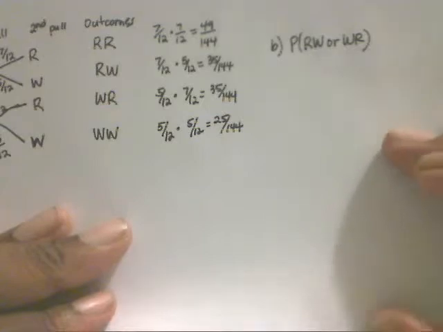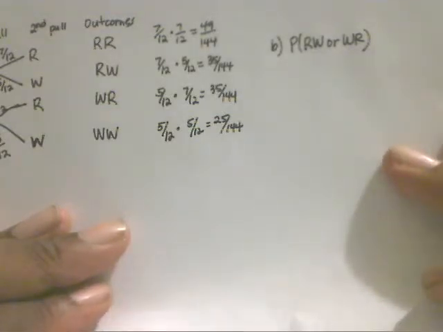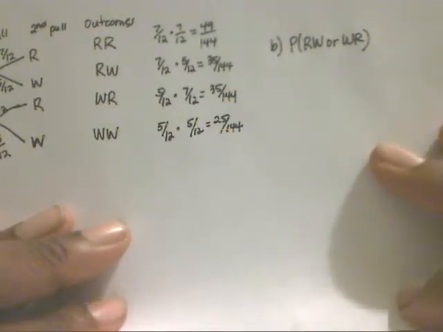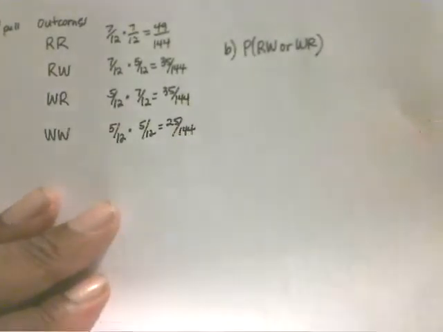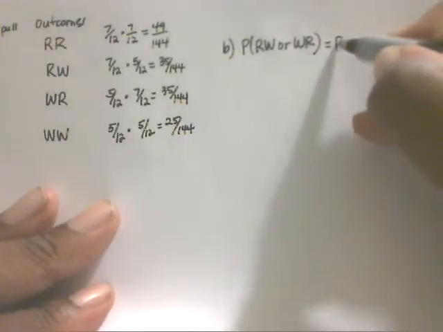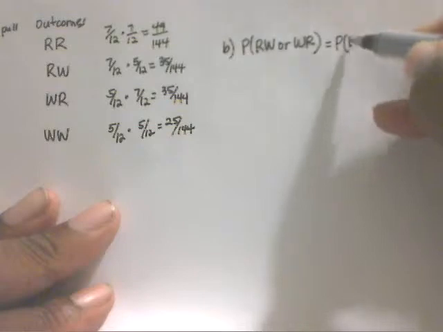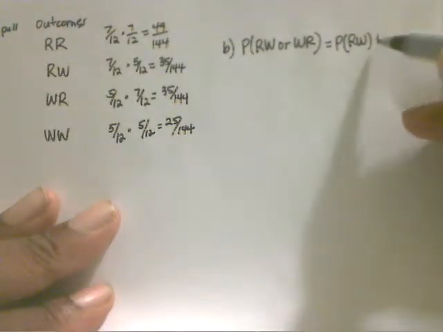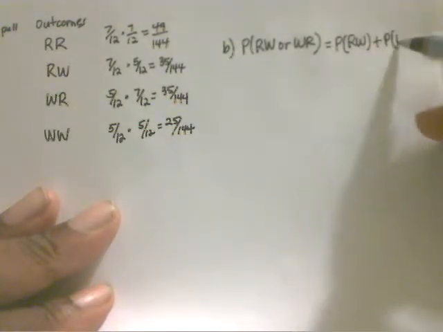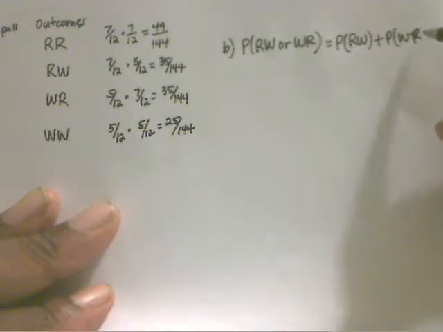So it's these options. A red and a white, or a white and a red. Okay, so here we're going to add those individual probabilities. The probability of selecting a red and a white, plus the probability of selecting a white and a red.